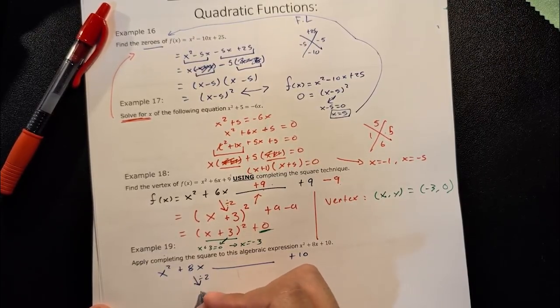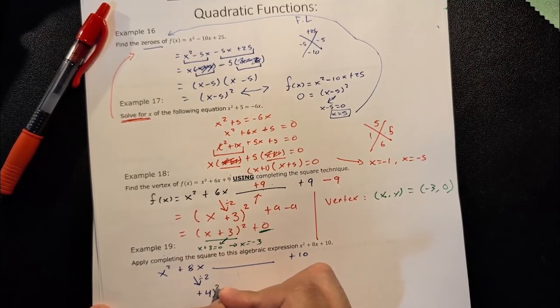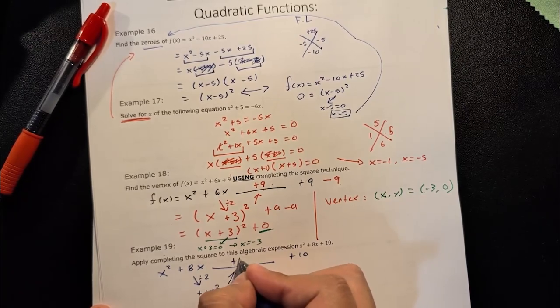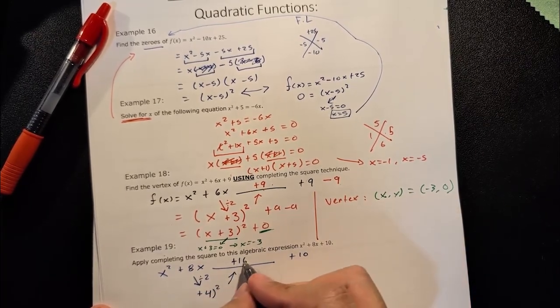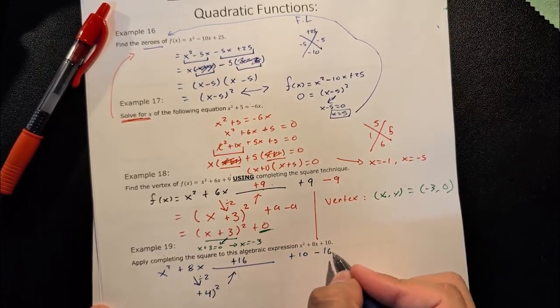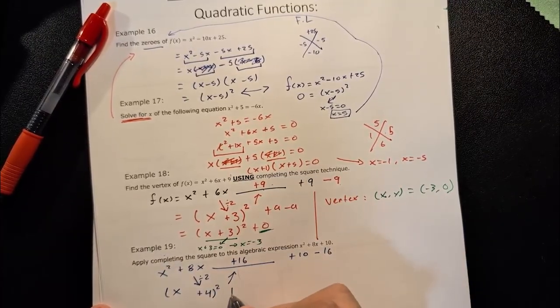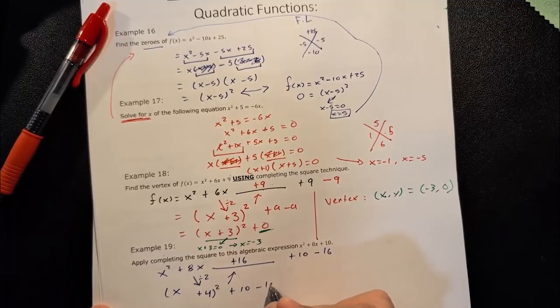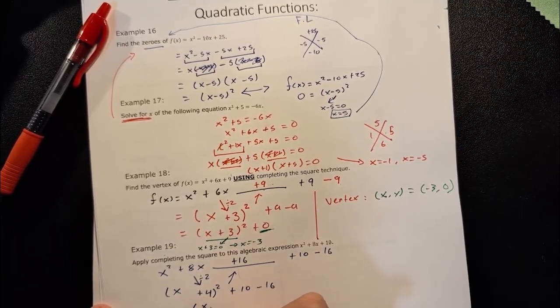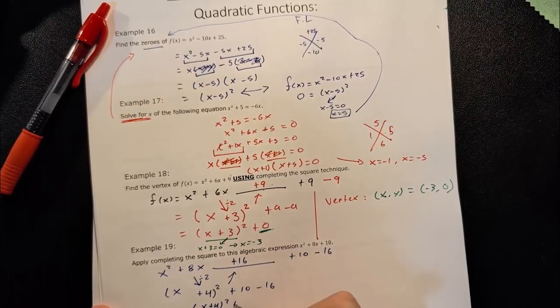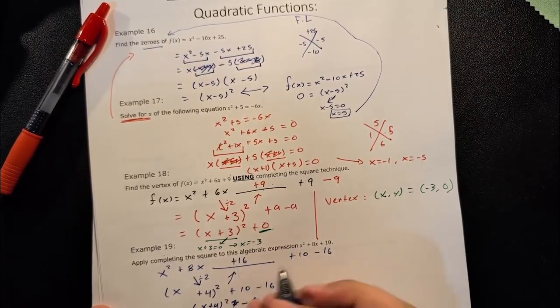Positive 8 divided by 2 is positive 4. Square this, plus 16. So if I add 16, I've got to subtract 16. So then bring the x down, and then we have plus 10 minus 16. We get (x plus 4) squared plus 10 minus 16, which is minus 6. And there we go.